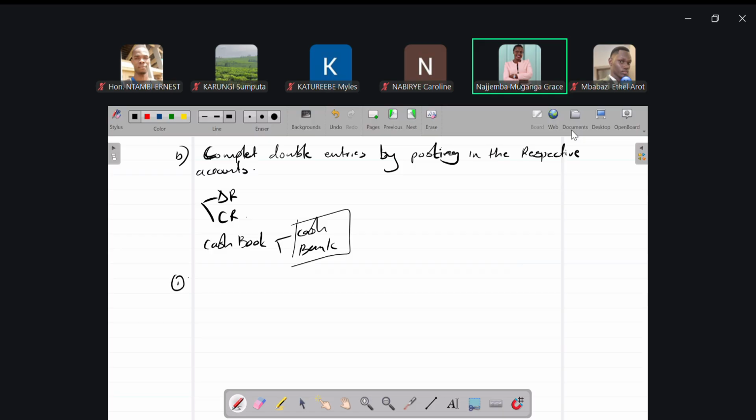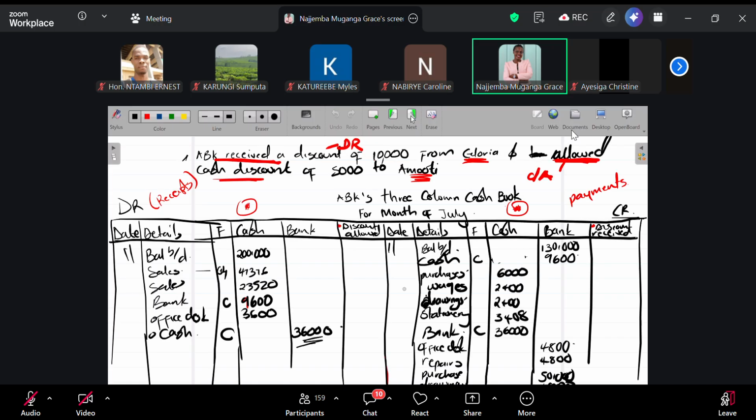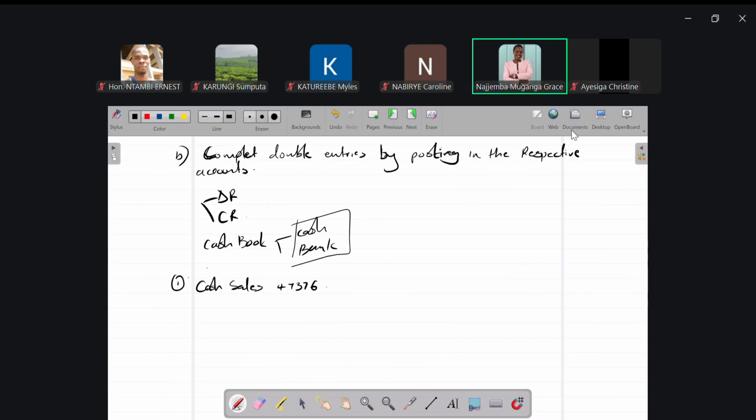For instance, we had our first one, which had cash receipts, where they had cash sales. I remember it had cash sales of 47,376. This means they sold goods and received cash.